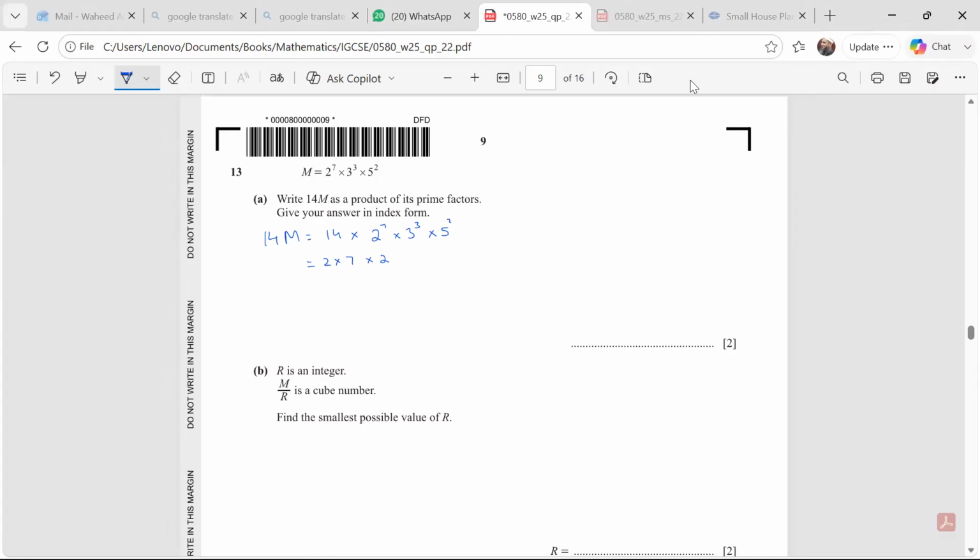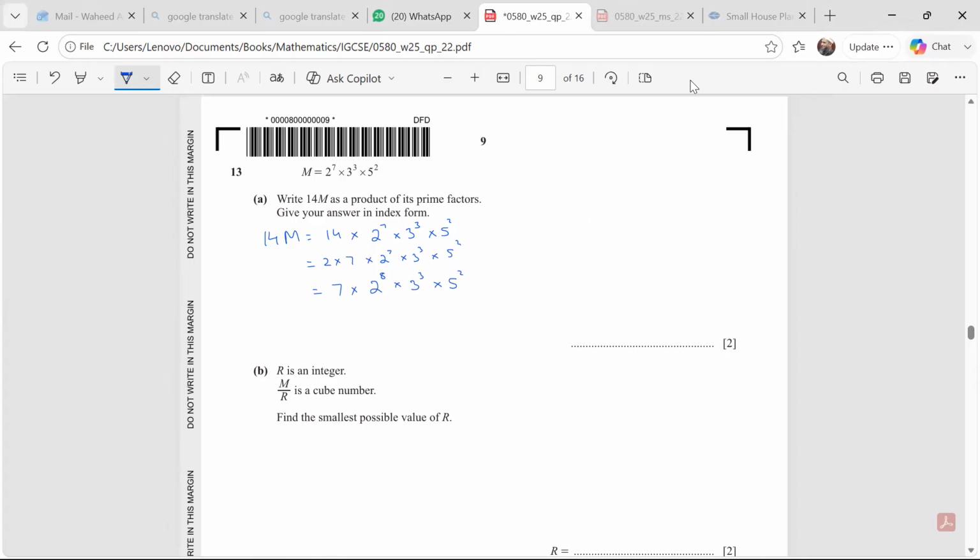Then 2 to the power 7, 3 to the power 3, and 5 to the power 2. I can combine these two with those two, so I will have 7 into 2 to the power 7 plus 1, that is 8, and 3 to the power 3, and 5 to the power 2. So this is how we will write 14n as a product of prime factors.